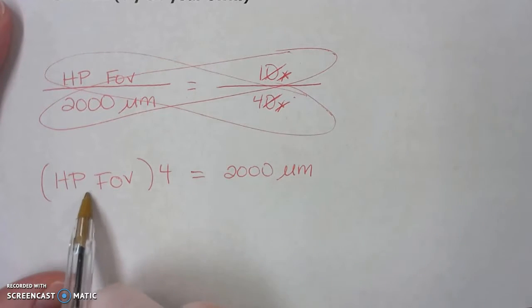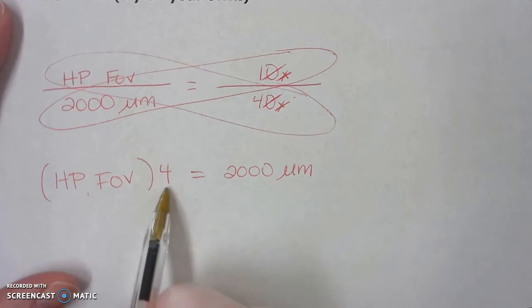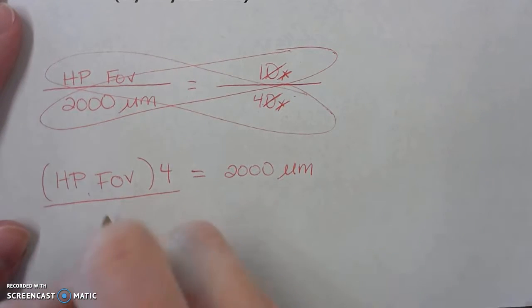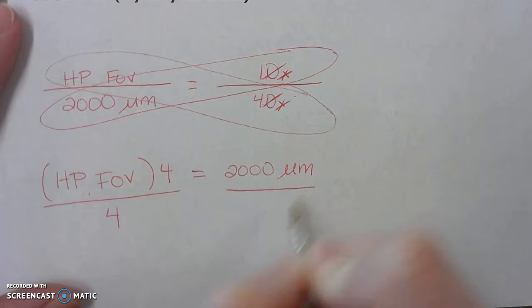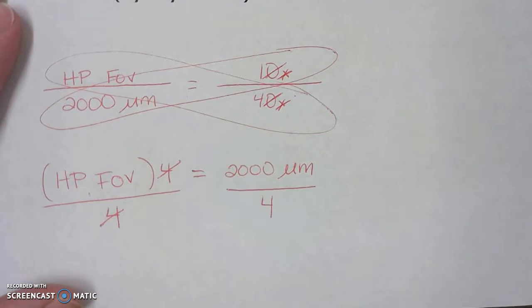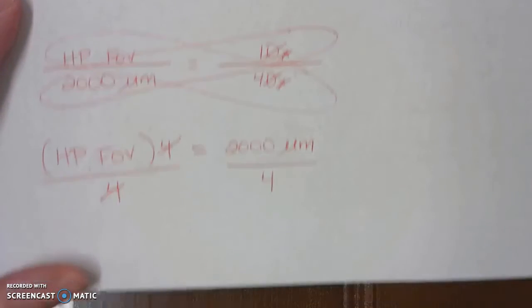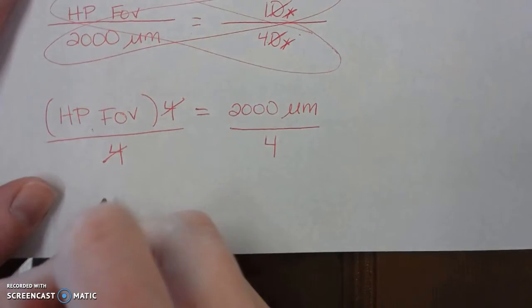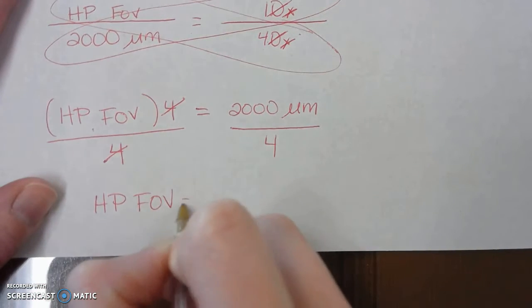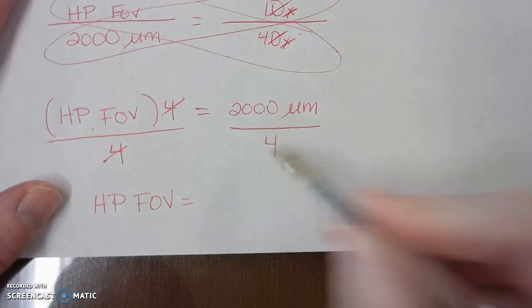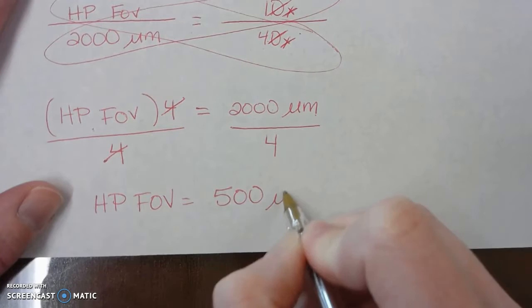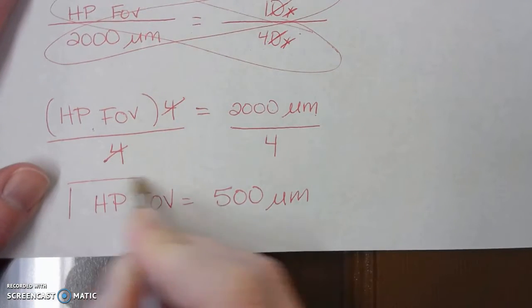In order to get the high power field of view, our unknown, by itself, we need to get rid of this 4, and to do that we need to divide by 4 on each side. These cross out, and you're left with the high power field of view equals 2,000 divided by 4 is 500 micrometers.